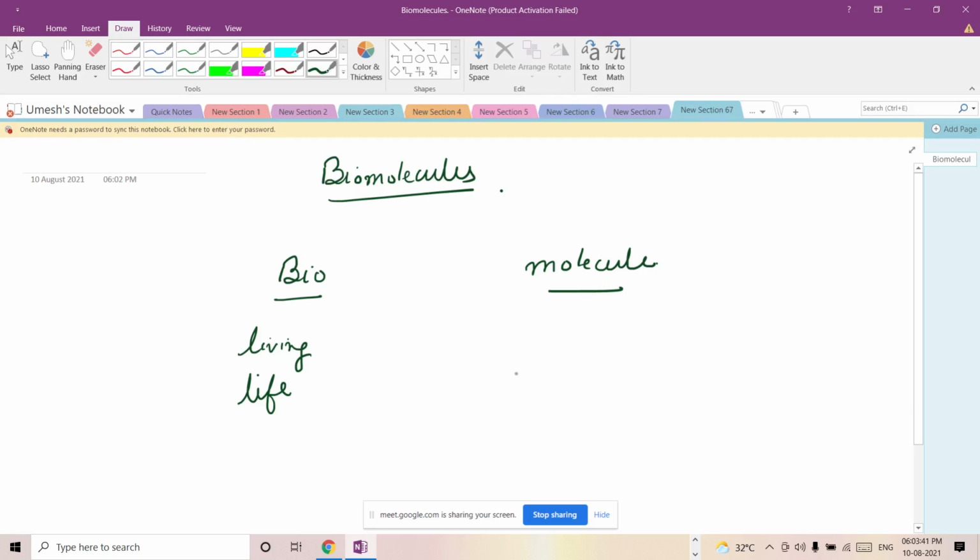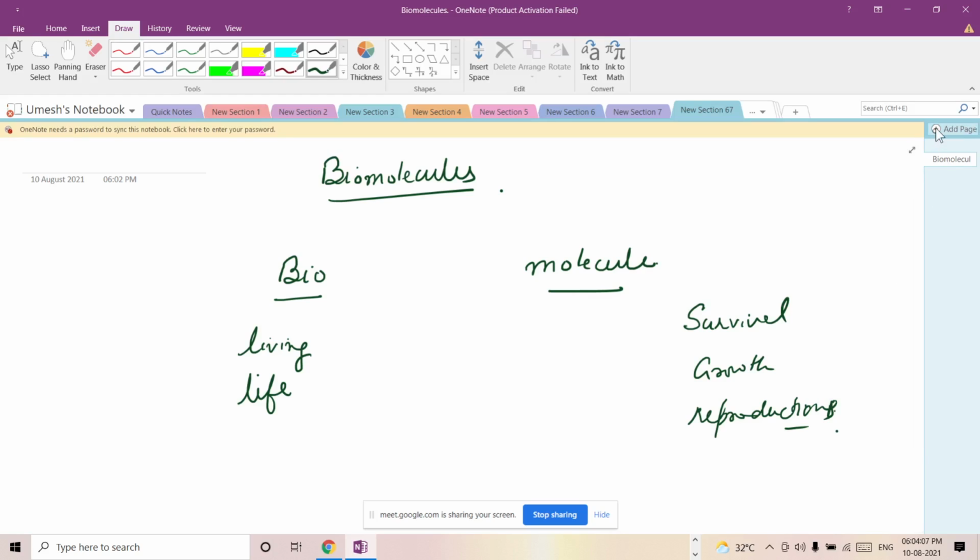Those molecules which are responsible for survival, growth, reproduction are called biomolecules.